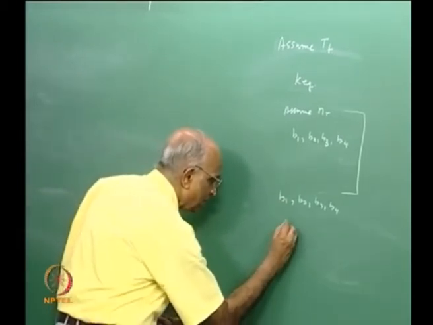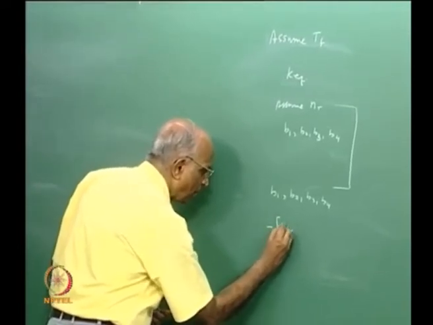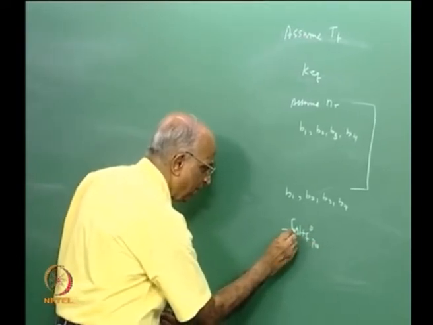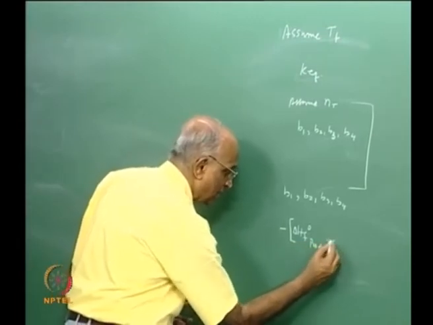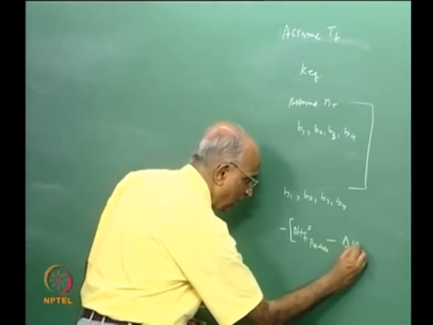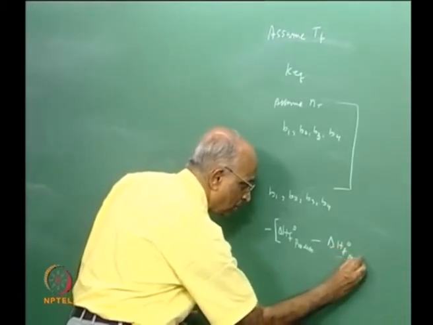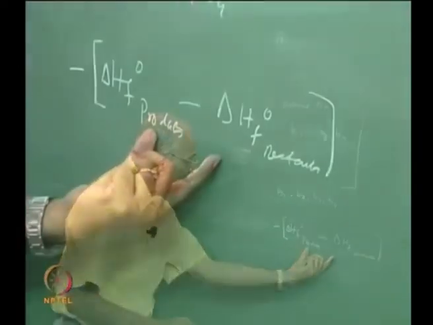In the enthalpy balance, I sum up the heat of formation of the total products. That means I multiply by Bi into delta HFi for the products, minus I take the net heat of formation of the reactants, and where does this part of this heat go?